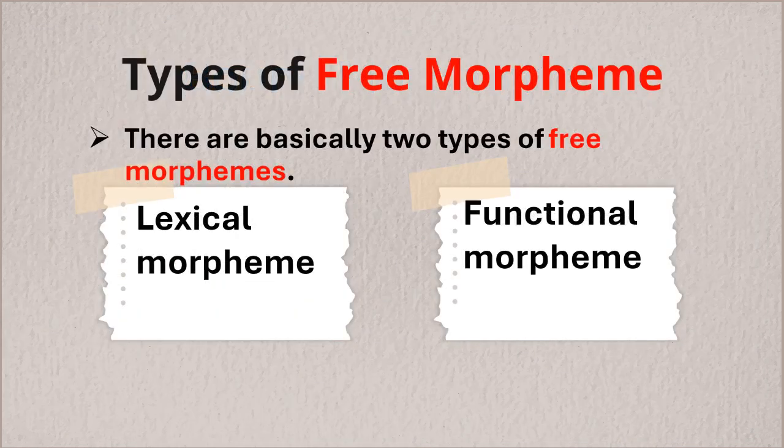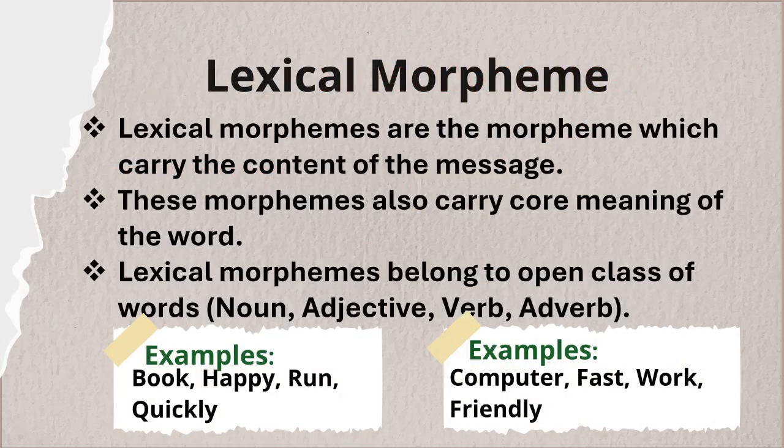Now, let's dive a little deeper into the types of free morphemes. There are basically two kinds of free morphemes. The first is called a lexical morpheme, and the second is known as a functional morpheme. Let's shift our attention to lexical morphemes. These morphemes carry the main content and main message. They also carry the core meaning of a word. They belong to the open class of words, such as nouns, adjectives, adverbs, and verbs, which means new lexical items can easily be added to this category.